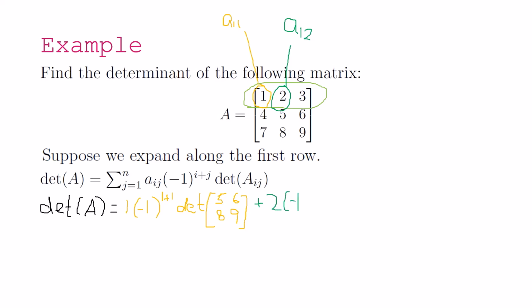So we'll have 2 times negative 1 to the 1 plus 2 multiplied by the determinant of the minor matrix A12. So this is going to be the matrix that we get when we take out the first row and the second column of A. So this will be the matrix with the entries 4, 6, 7, 9.